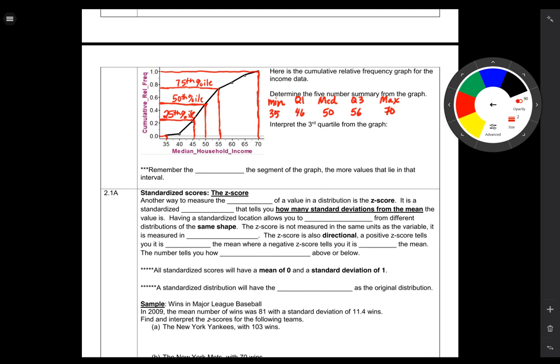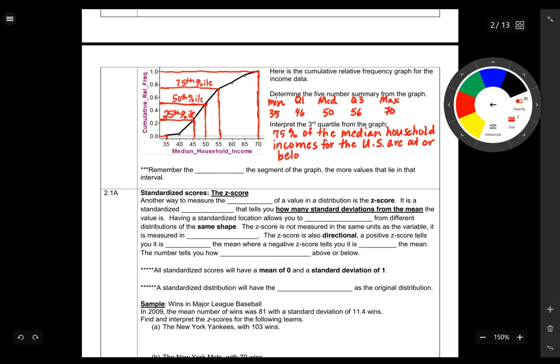Interpret the third quartile from the graph. So here, the third quartile, 75% of the median household incomes for the U.S. are at or below $56,000.